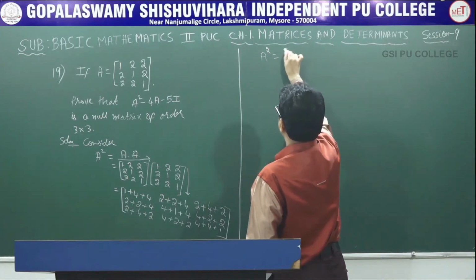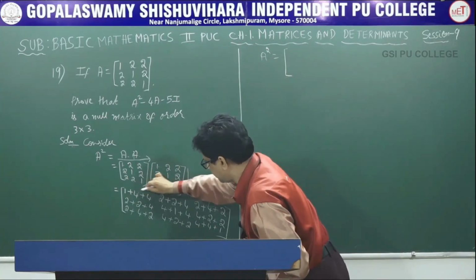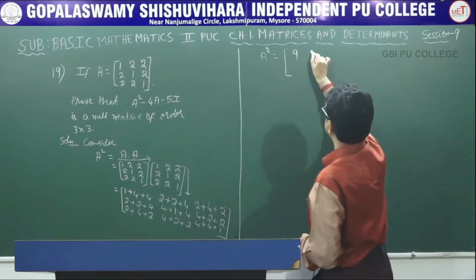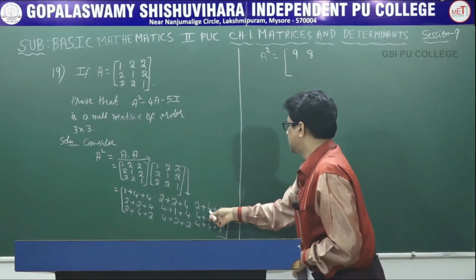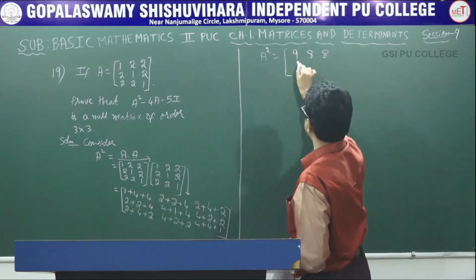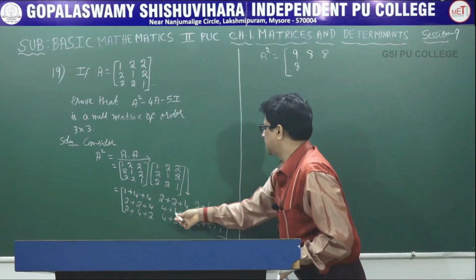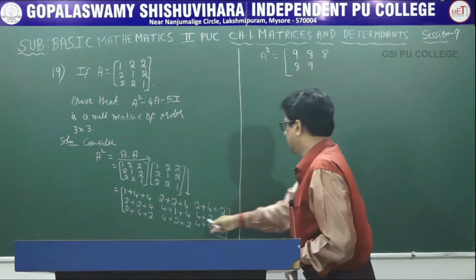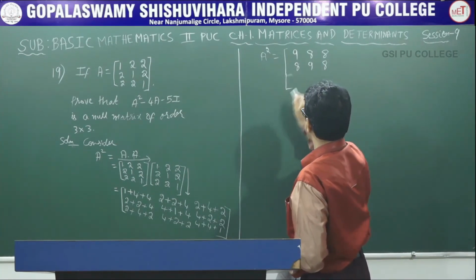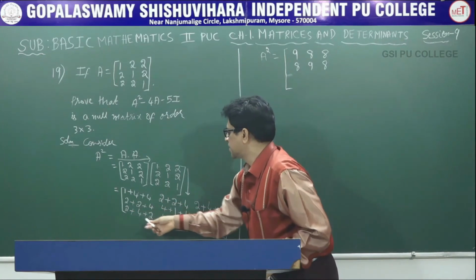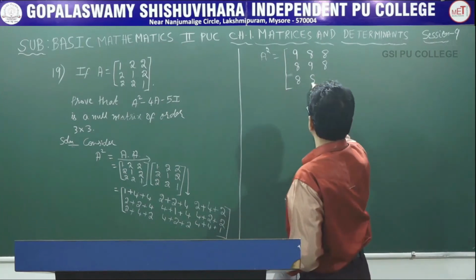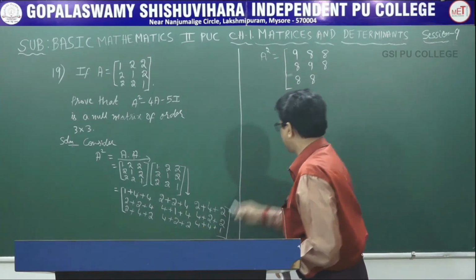A square is equal to 1 plus 4, 5, 5 plus 4, 9, 2 plus 2, 4, 4 plus 4, 8, 2 plus 4, 6, 6 plus 2, 8, 2 plus 2, 4, 4 plus 4, 8, 4 plus 4, 8 plus 1, 9, and so on for the remaining elements.